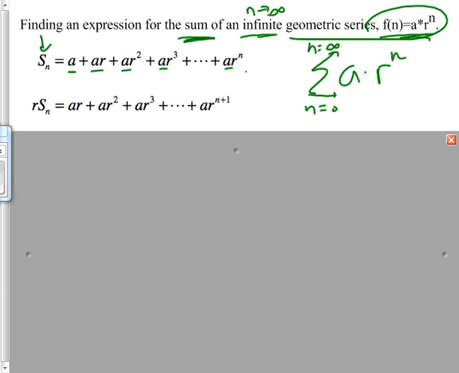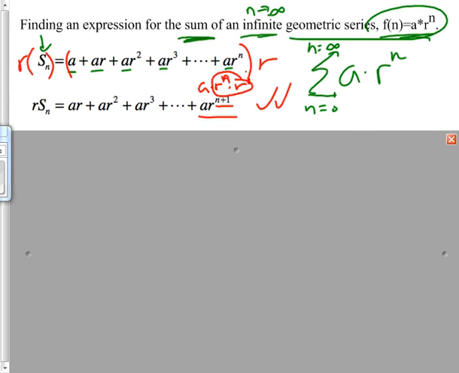And what I'm going to do now is multiply. I'm trying to do some simplifying of this, so I'm going to multiply both sides by r. So I took this, multiplied by r, took this, multiplied by r, and then I get this statement down here. The one thing that might look confusing is this last term, but we have a times r to the n times r, and r to the n times r is just r to the n plus 1, adding the exponents, because this is like r to the 1.